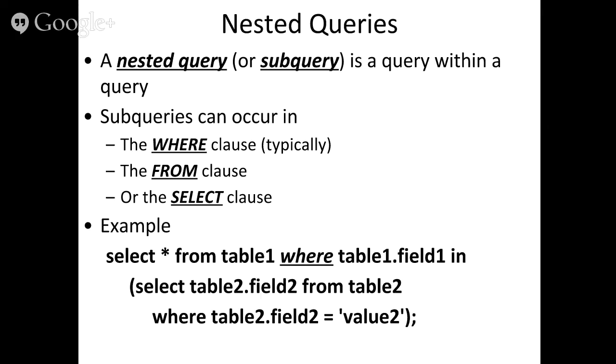You've computed all these various values, and I want an outer select statement. This outer select statement is reusing the values of this inner nested query as part of the where clause, as the parameters for the in. So here we have an example of using select statements in the where clause. You can use nested select statements.